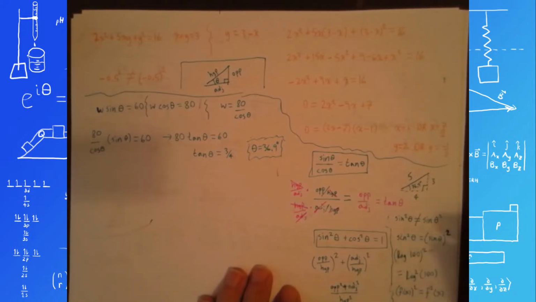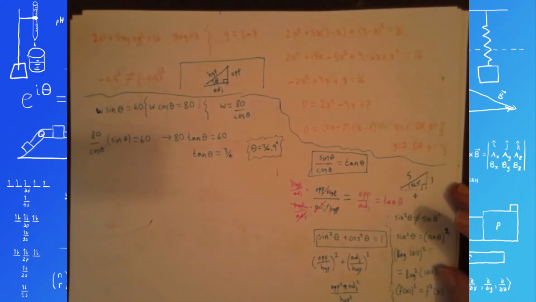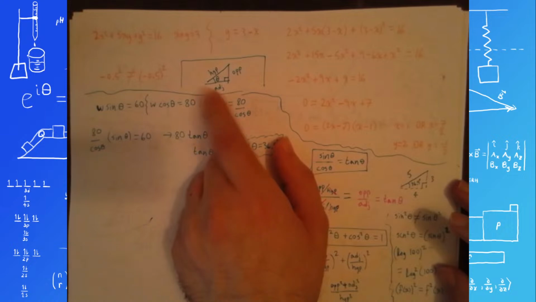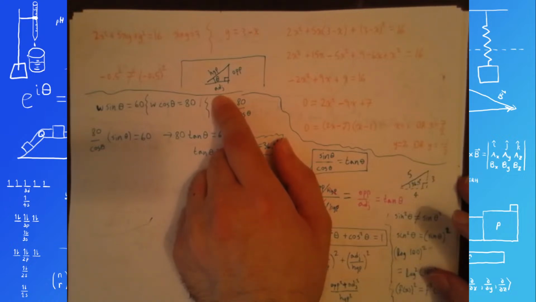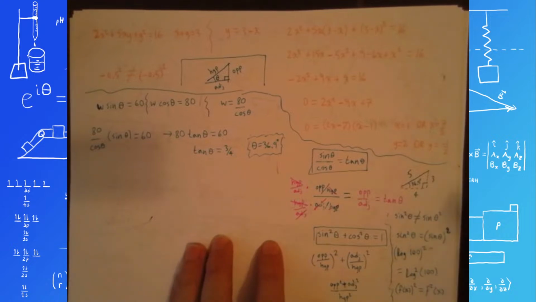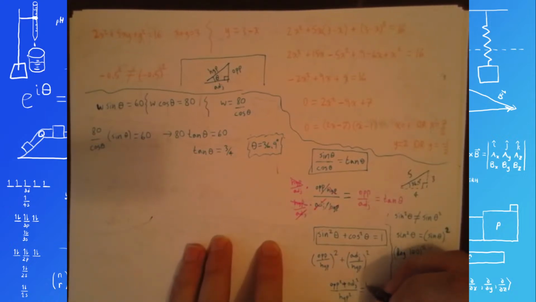But what's opposite squared plus adjacent squared? What's this side squared plus this side squared? Well, the Pythagorean theorem tells us that it's equal to the hypotenuse squared. So this is just hypotenuse squared over hypotenuse squared, which of course equals 1.